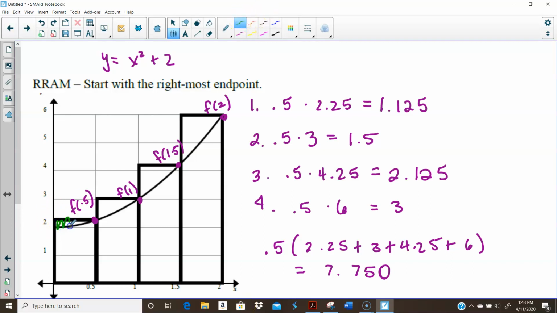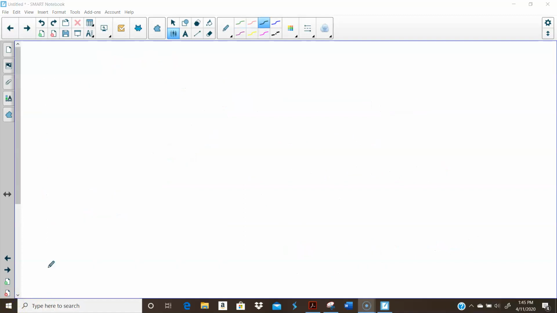This is an over approximation because I'm calculating this area that's above the curve. So let's discuss which approximation is better. I have an under approximation and an over approximation.